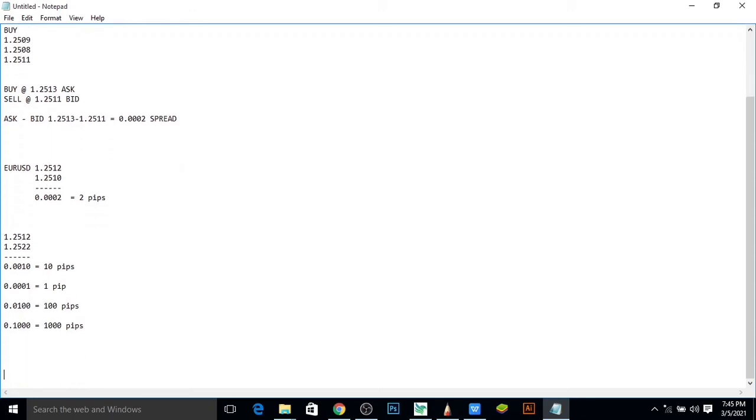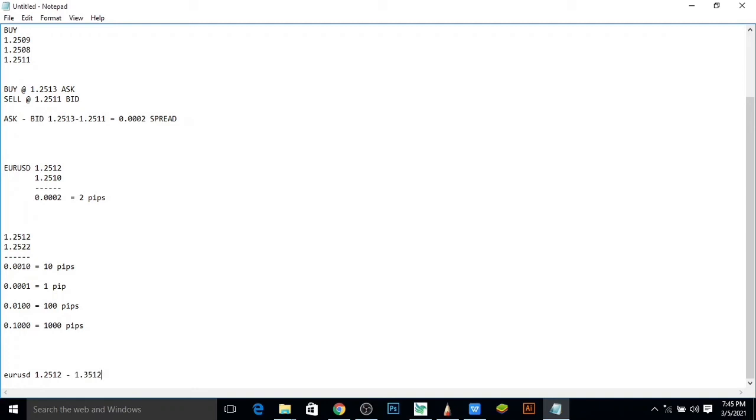So let me just give this following exercise to practice, right? Let's say the price of euro USD moves from 1.2512 to 1.3512, right?